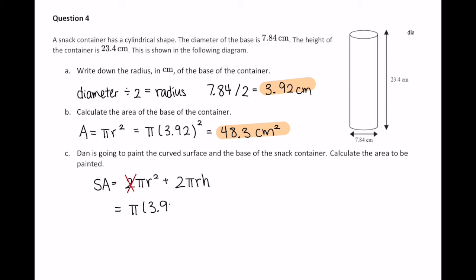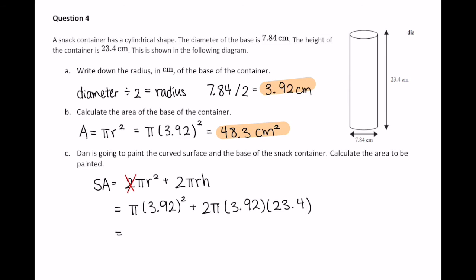So the radius is still 3.92 squared plus 2 pi, the radius is 3.92. And our height in this case is given at 23.4 centimeters. So that 2 pi rh represents the curved surface of the cylinder.